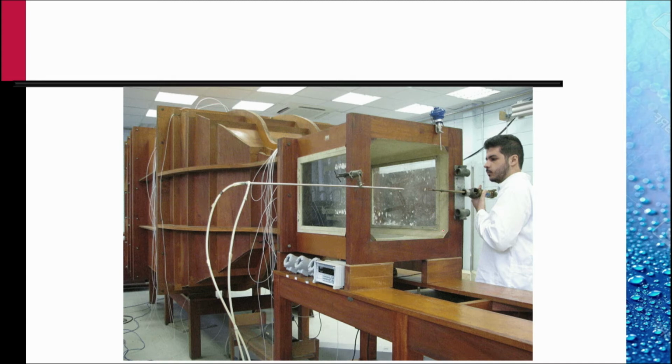This is an experimental setup where a pitot-static tube is being used to measure the velocity profile across the test section of a wind tunnel. Here, this is the pitot-static tube. Two holes, this is picking up the static pressure and this is picking up the pitot pressure.